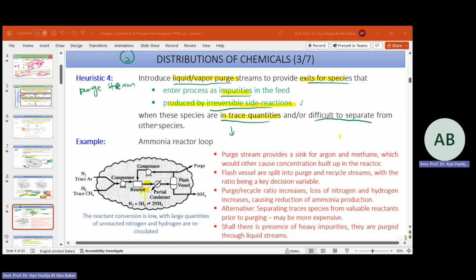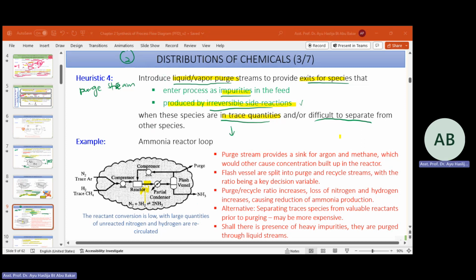Trace quantities mean just a small quantity. If you don't separate, it will accumulate in your system. If you want to do a specific separation, it will involve cost, whereby your methane is just a few percentage, not feasible. So that's why they choose to flare the methane, because it is in low quantity.